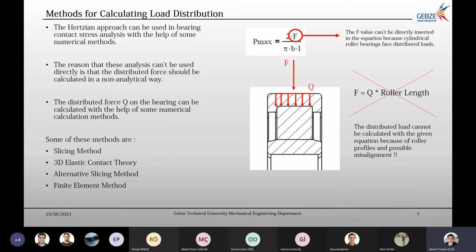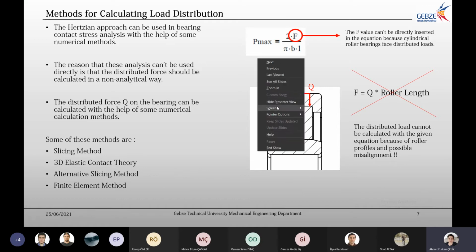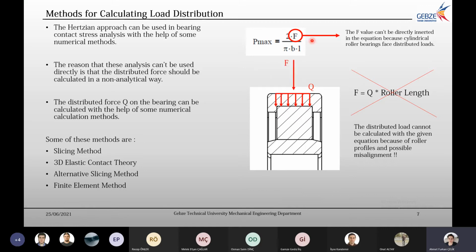To calculate the load distribution, here in the Hertzian approach, I have a parameter, the radial load. For a point load, we can just put the F value here, but in our case, we have a different profile right here. This is not a point load.